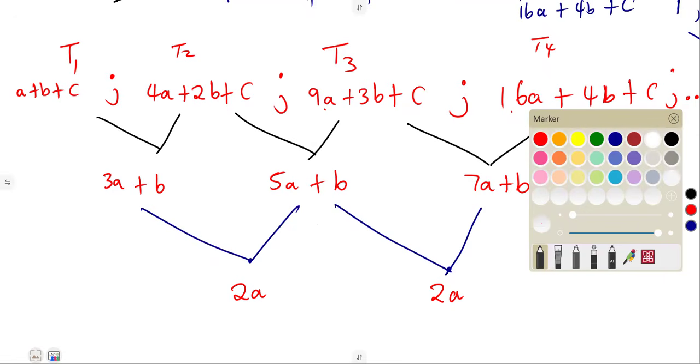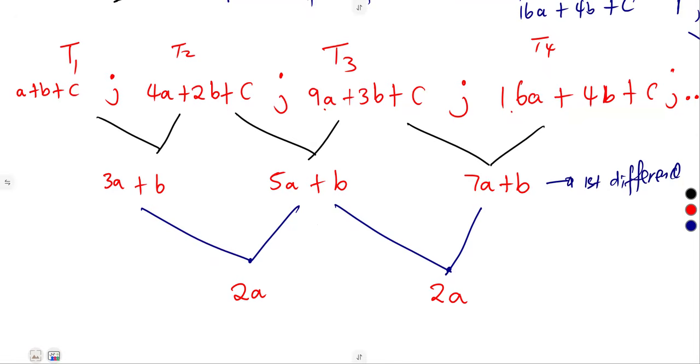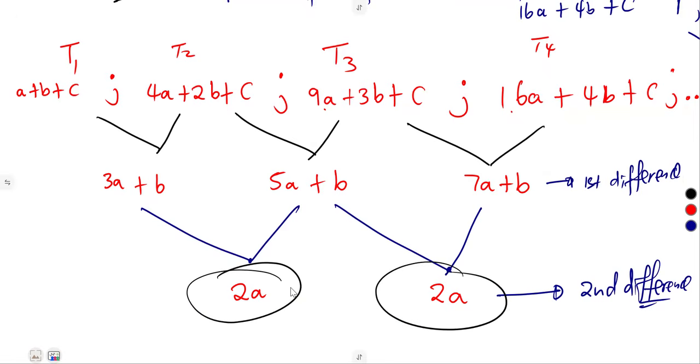So as we can see, guys, that on our second difference, we have something that is common. 2a, 2a, constant. We have got the same thing.